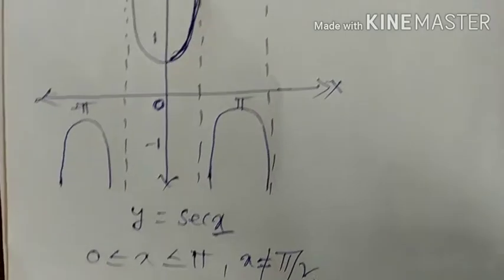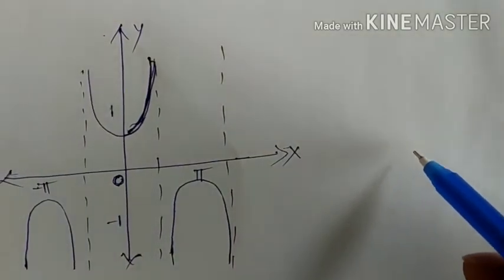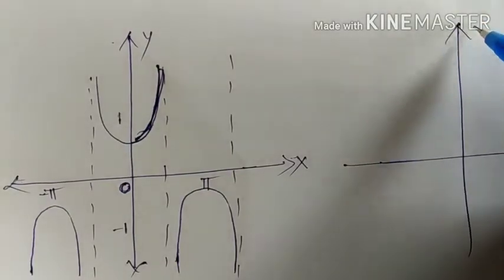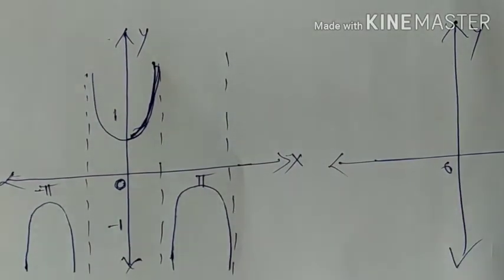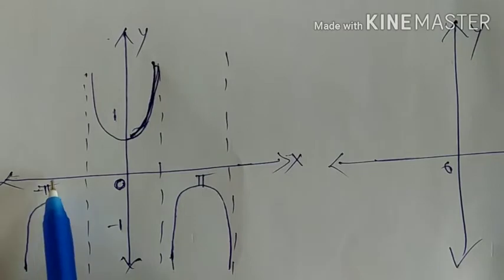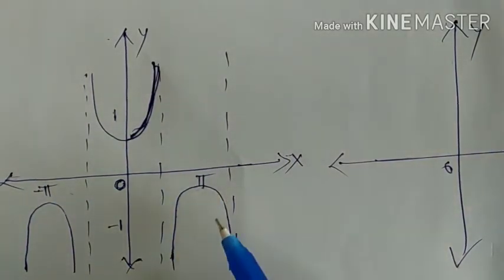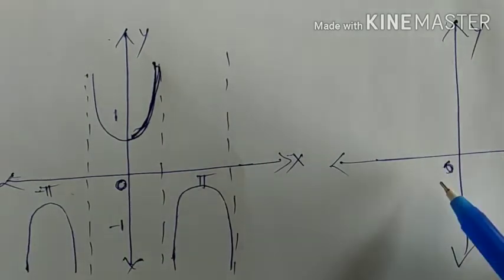Okay, now let's see the inverse graph of secant function. This horizontal line represents the x-axis, the vertical line represents the y-axis. This intersection point is 0. Here the y-axis values come on the x-axis, and the x-axis intervals come on the y-axis.